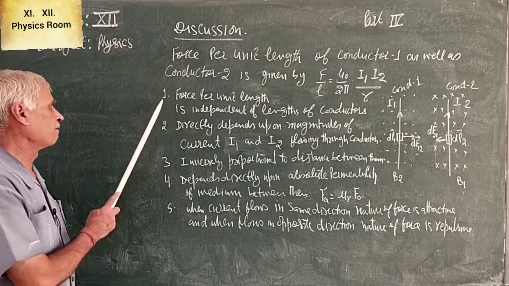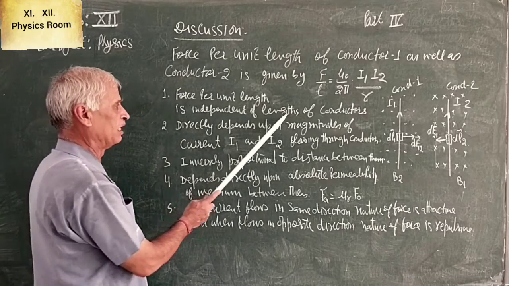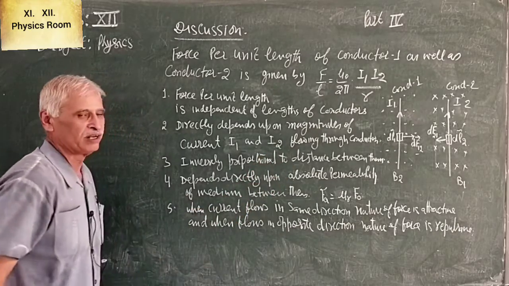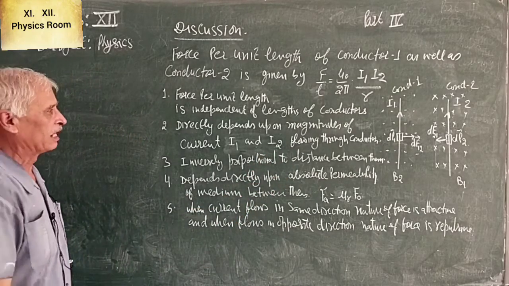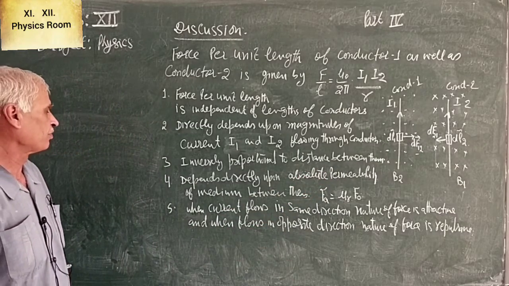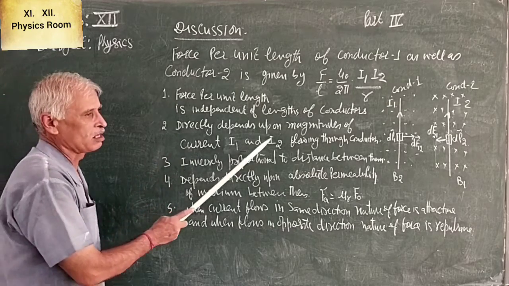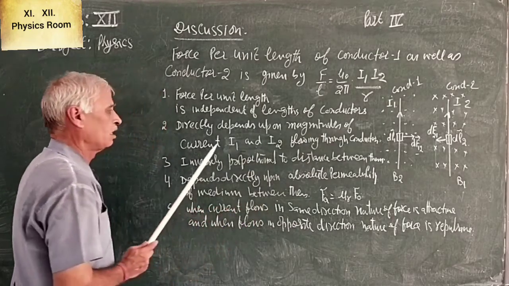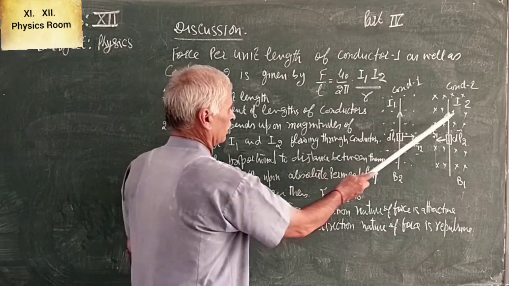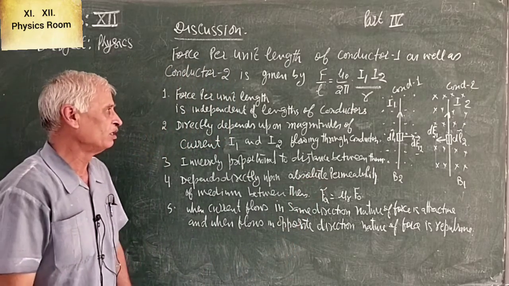Now first point, force per unit length is independent of lengths of conductors because there is nowhere either L1 or L2. It is force per unit length. Second point, it directly depends upon magnitudes of current I1 and I2 flowing through conductors.